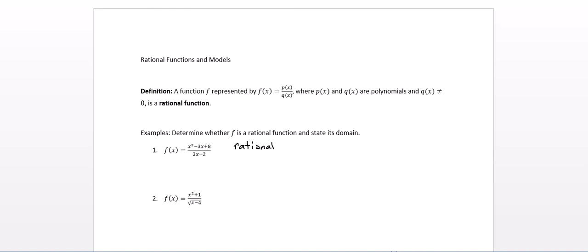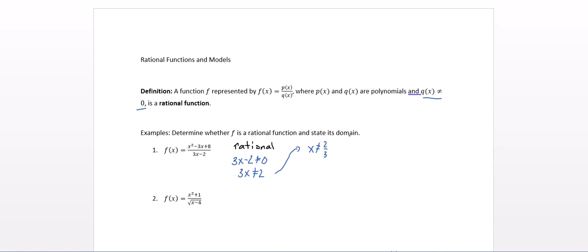To find the domain, we take the denominator and set it not equal to 0. 3x cannot be 2, so x cannot be 2/3. It's assumed that x is all real numbers except 2/3.